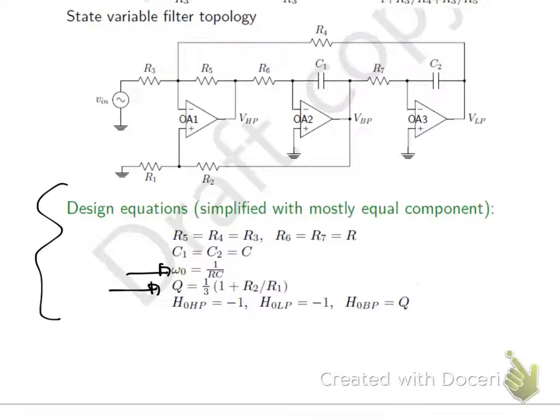And then you can calculate your Q point using your ratio of R2 to R1, and then your gain of your high pass is -1, your gain of your low pass is -1, and your gain of your band pass is Q. So by using the simplified version, you are sacrificing control over your gain. So it's a trade-off of what's really important.